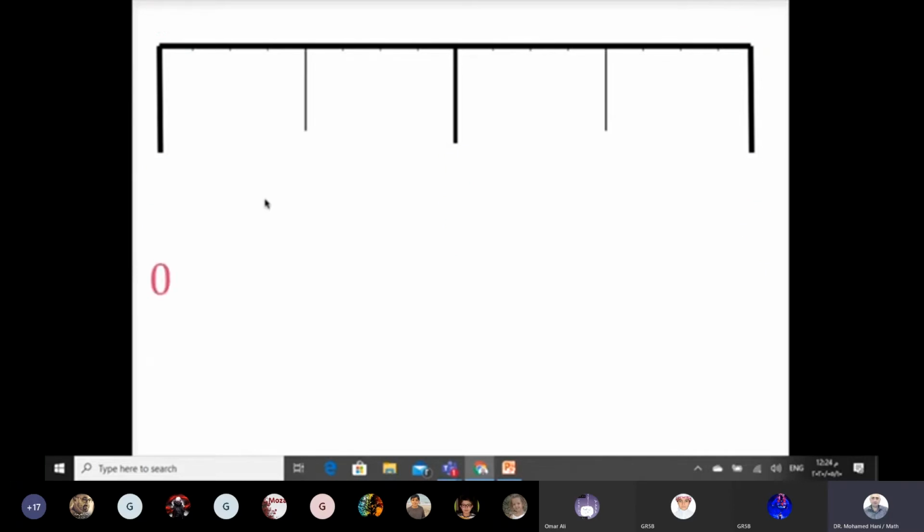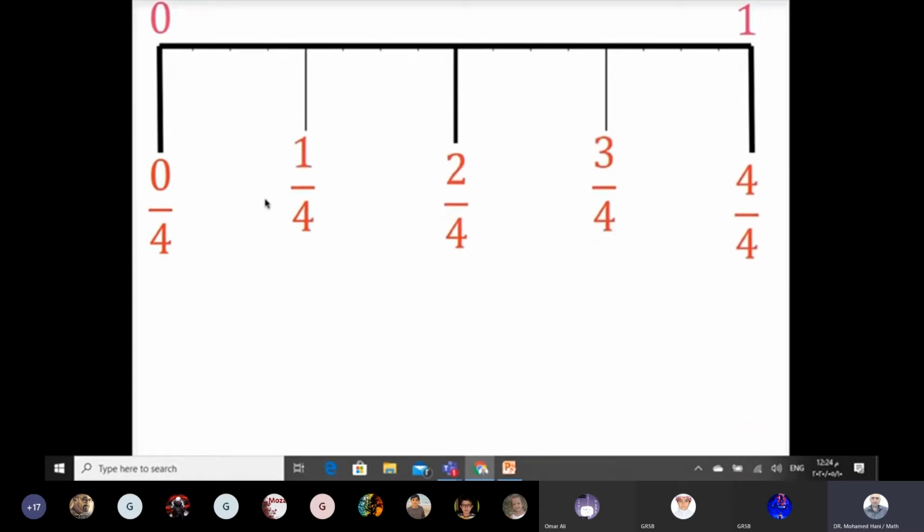We can take that same whole, 0 to 1, and break it down into fourths, and we would name it 0/4, 1/4, 2/4, 3/4, and then 4/4 would be 1 whole.